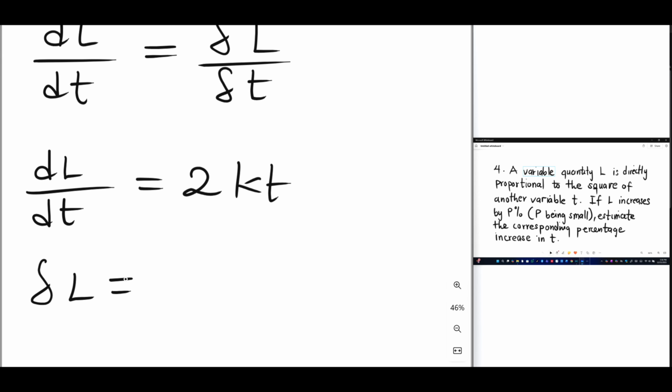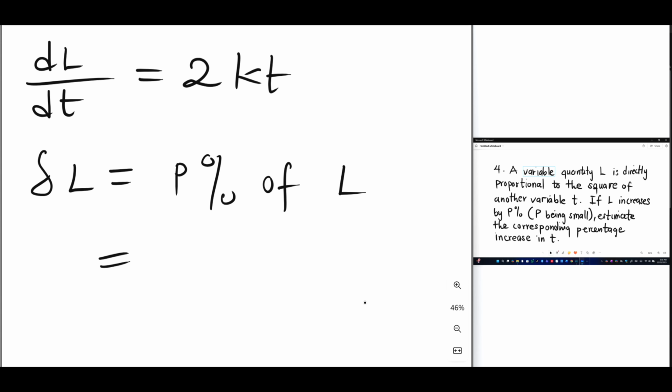So the increment in L will be P% of L. Okay, P% of L, and this will give us PL over 100. That is P times L divided by what? 100, because of the percent.